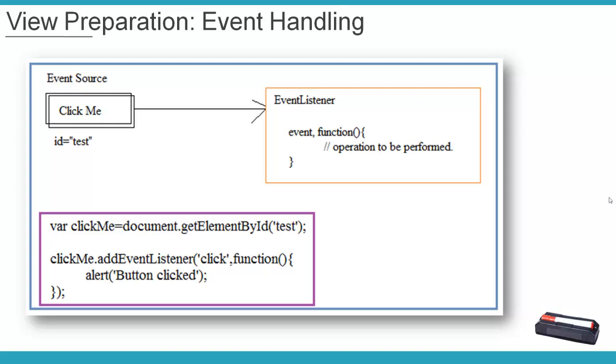As you can see over here, you will be retrieving this click me button with the help of the getElementById method. This way you will receive a specific button, and once this button is available, you can call the addEventListener method on it, which requires the event and the closure function over here. Right, so let us implement this particular thing, and then we will work on the actual requirement part.